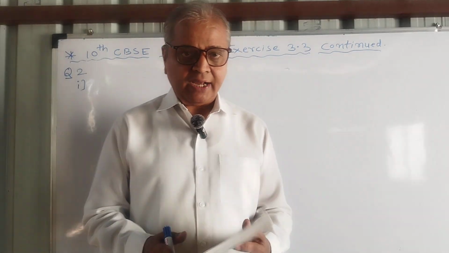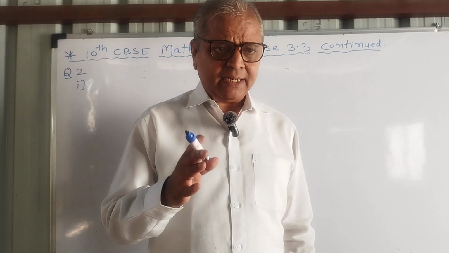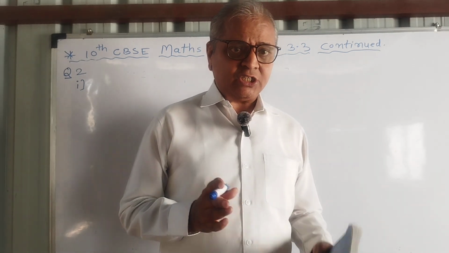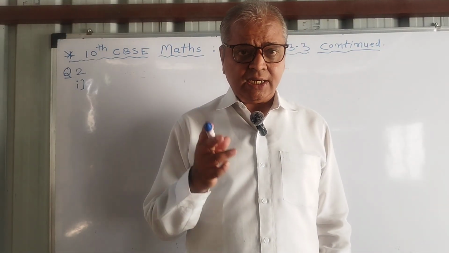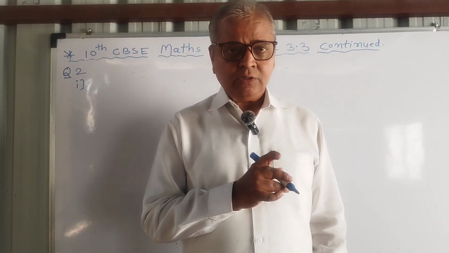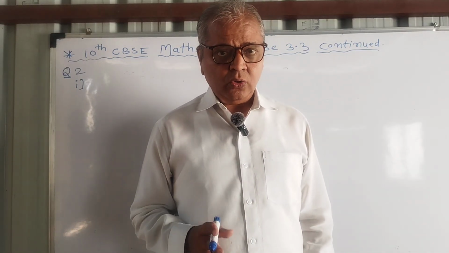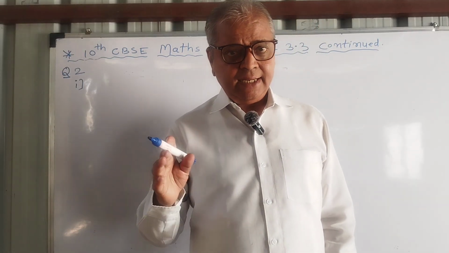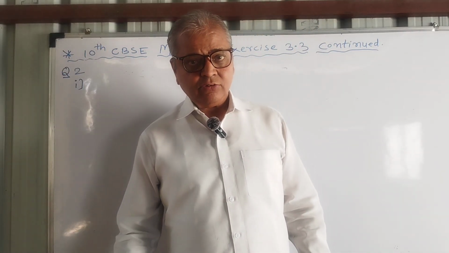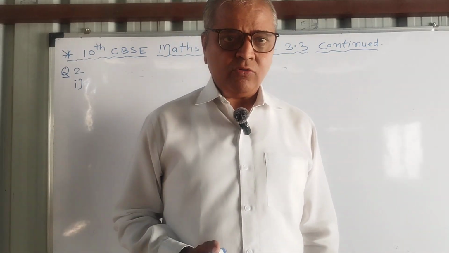What is the fraction? First understand and remember that when there is a question related to fraction, don't assume that the fraction is some particular number. You only have to assume numerator is x and denominator is y. Then the fraction is x upon y.